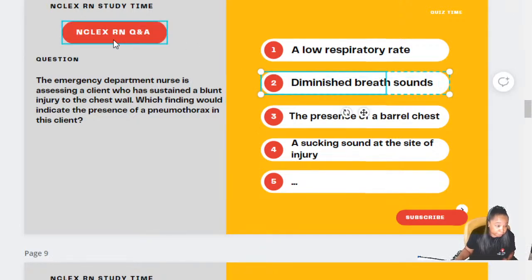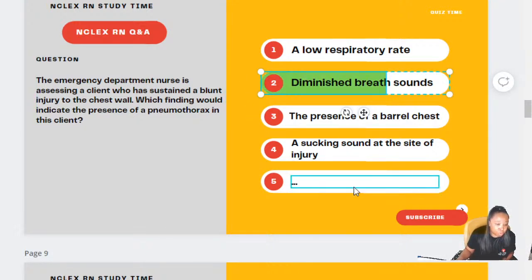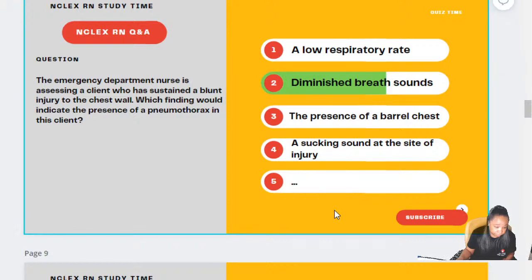You know why? If the patient has a double pneumothorax, if it's in both sides of the lung, the patient will not be able to breathe properly. So the breath sound will diminish. Sometimes you might be auscultating the patient and then you hear a normal breath sound on the right, and a diminished breath sound on the left.